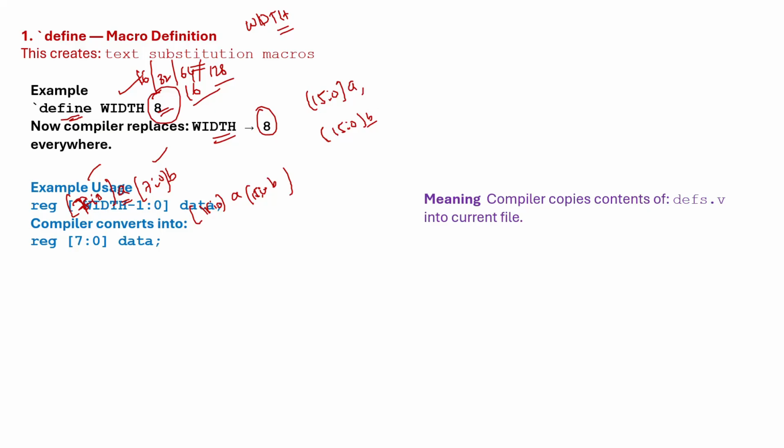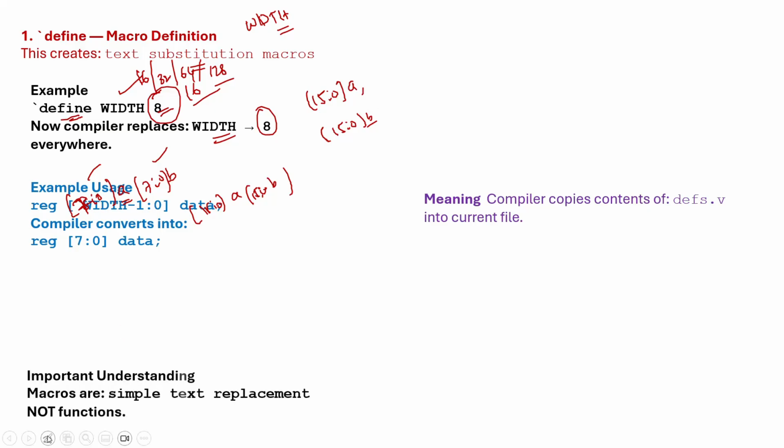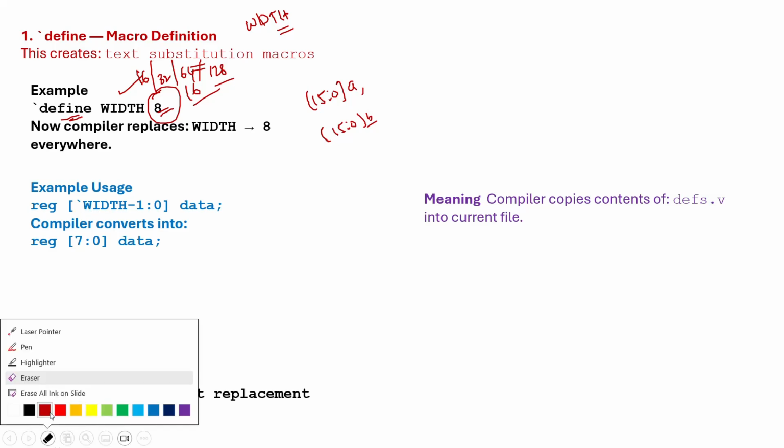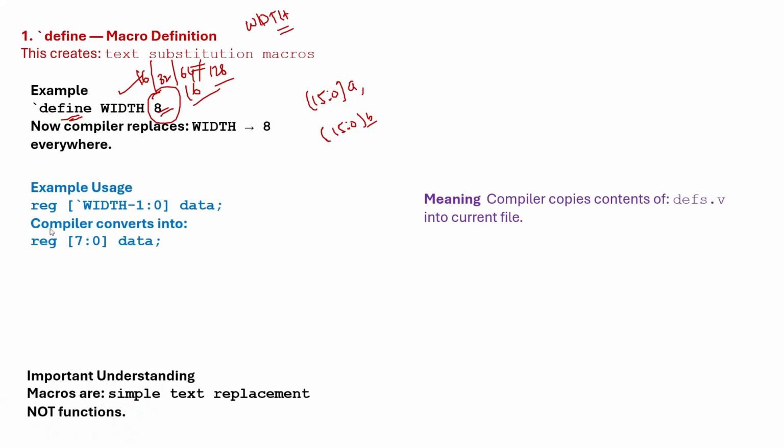See, I am utilizing this tick width. Generally, the range we write manually is 7 down to 0 data.